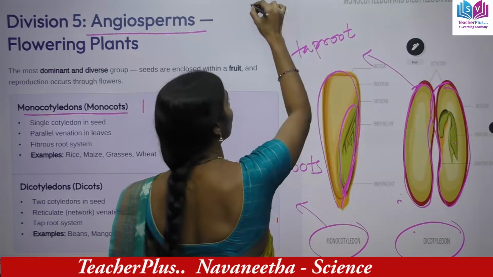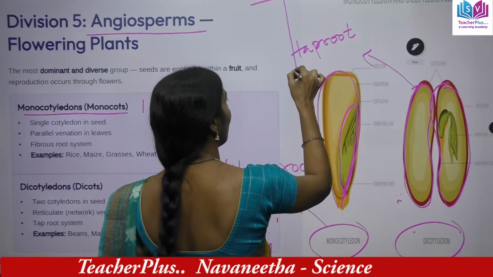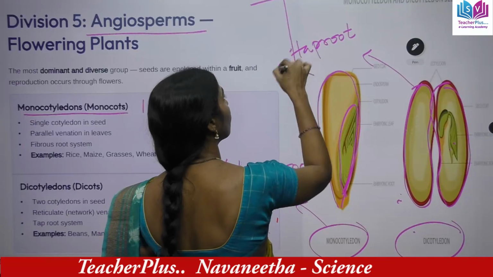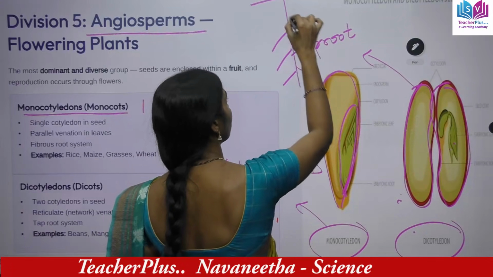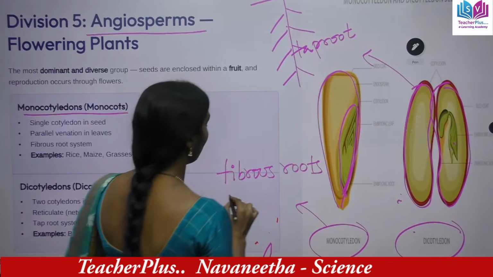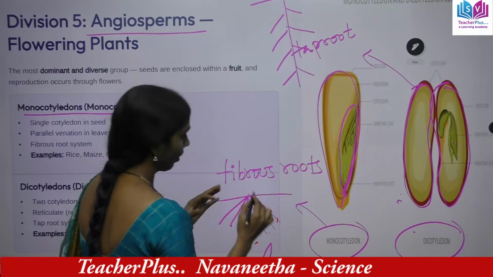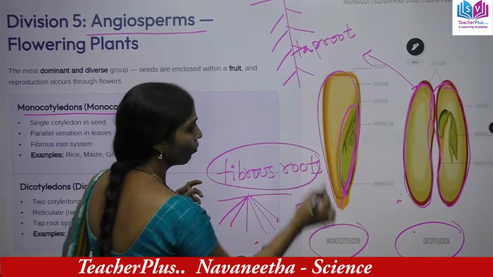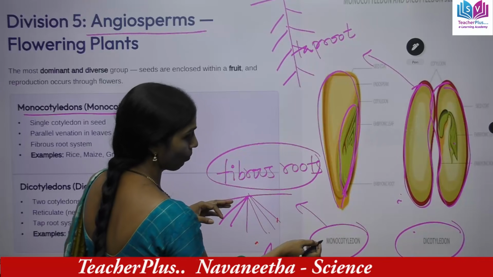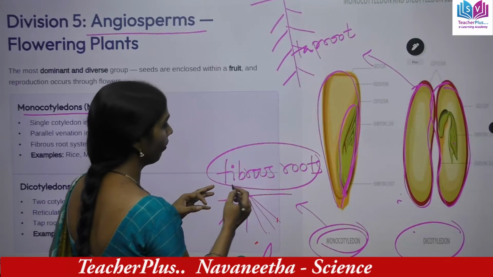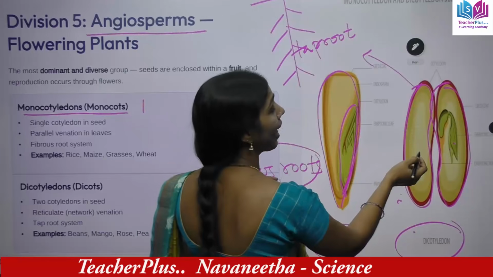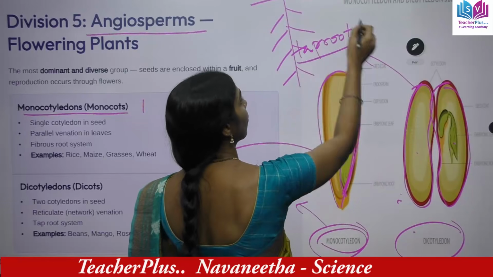Taproot system means this is the main root and the rootlets grow from the main root. And fibrous roots, many roots grow from the base of the stem. So monocotyledon plants have a fibrous root system, and dicotyledon plants have a taproot system.